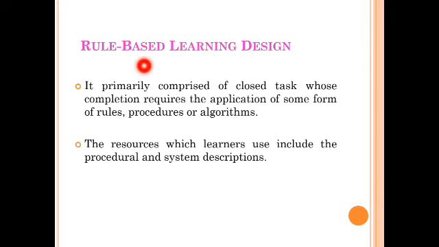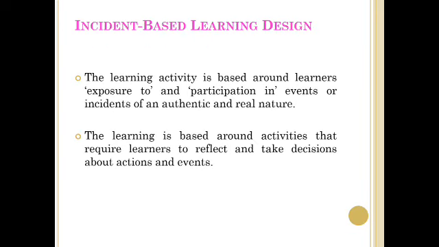In the rule-based learning design, we should understand that basic rules and procedures are being adopted. They are required to be adopted for completing the task. It is only through the standard procedure and rules that learning can be adopted. Let's proceed with the next.